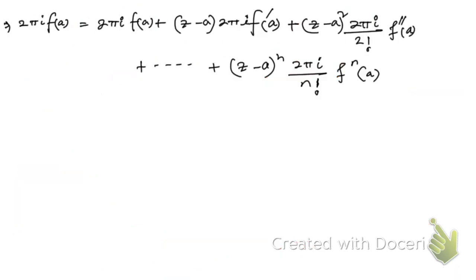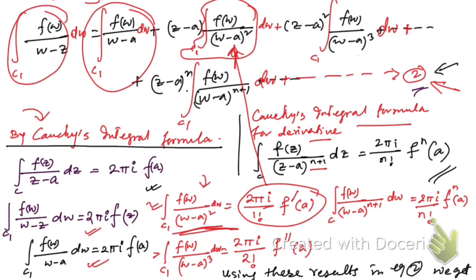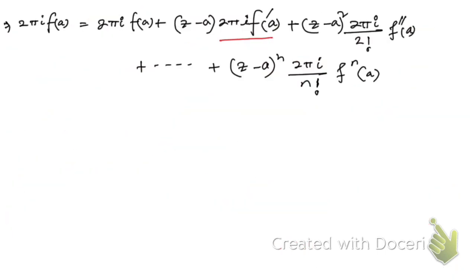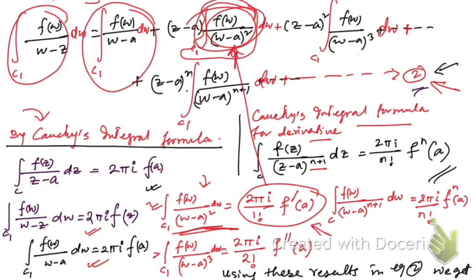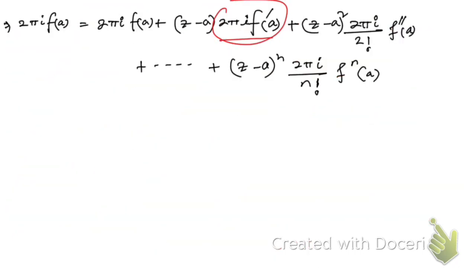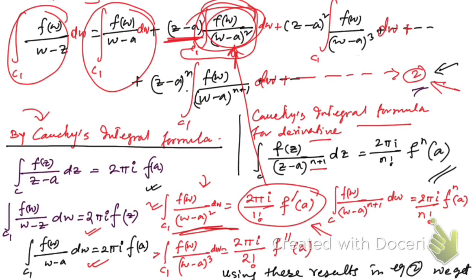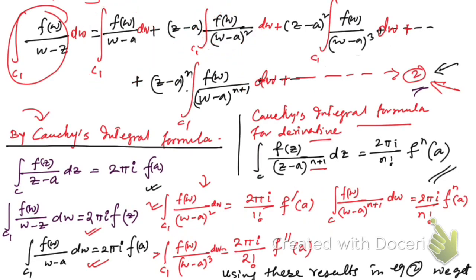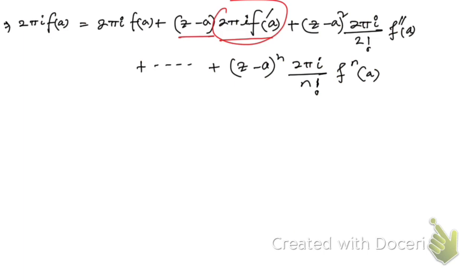We have got this, right? So here you can see this is replaced by this one, this one. This is the result into this, right? So that's how we have done it. So hope you have understood this. So that's how we have got this result.